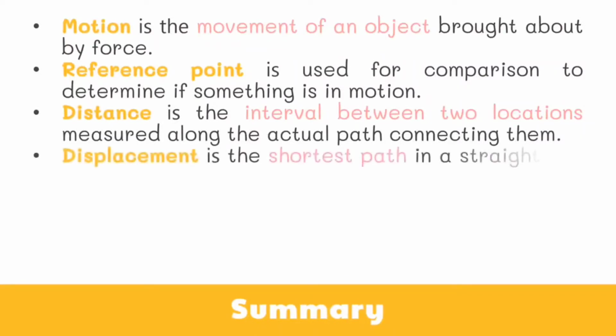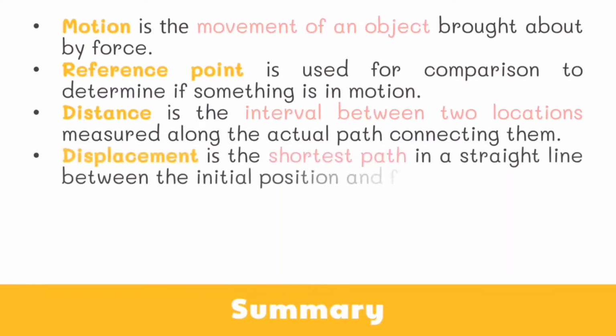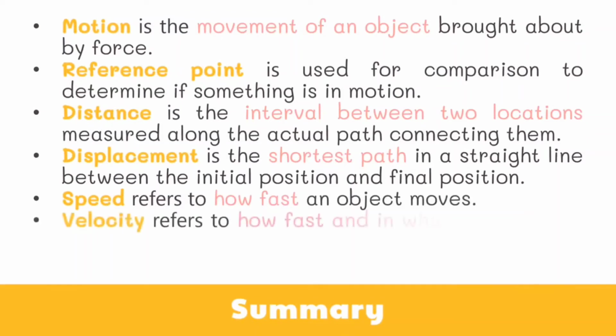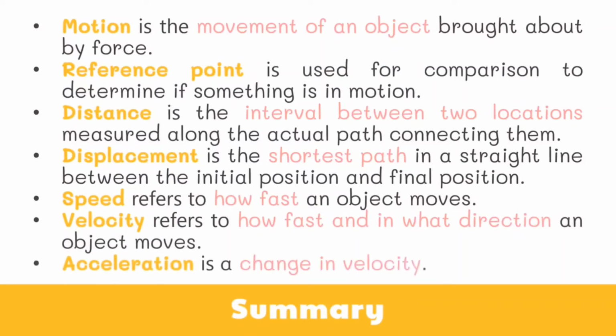Displacement is the shortest path in a straight line between the initial position and final position. Speed refers to how fast an object moves. Velocity refers to how fast and in what direction an object moves. And lastly, acceleration is a change in velocity.